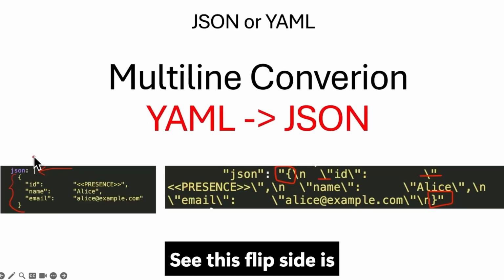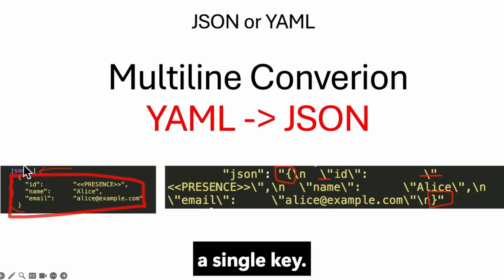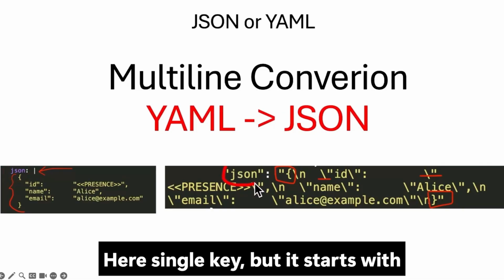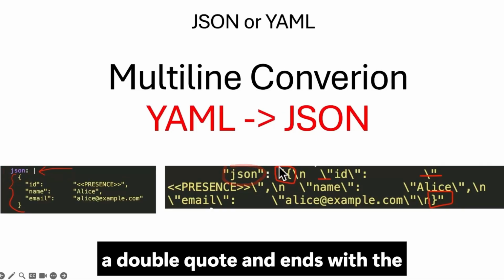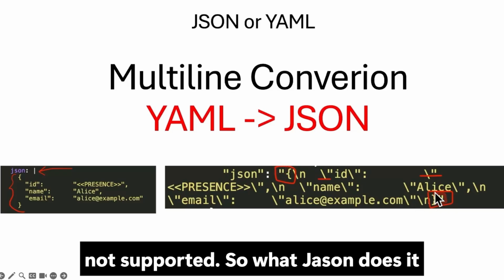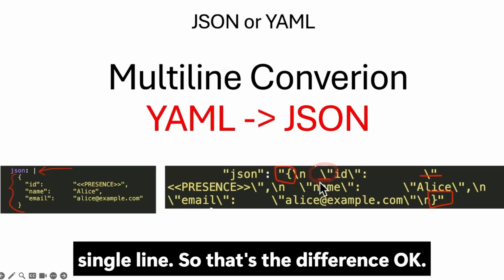See, this left side is YAML, multiple lines against a single key. Here, single key, but it starts with a double quote and ends with a double quote here. So multiple lines are not supported. So what JSON does, it escapes the characters and makes it single line. So that's the difference.